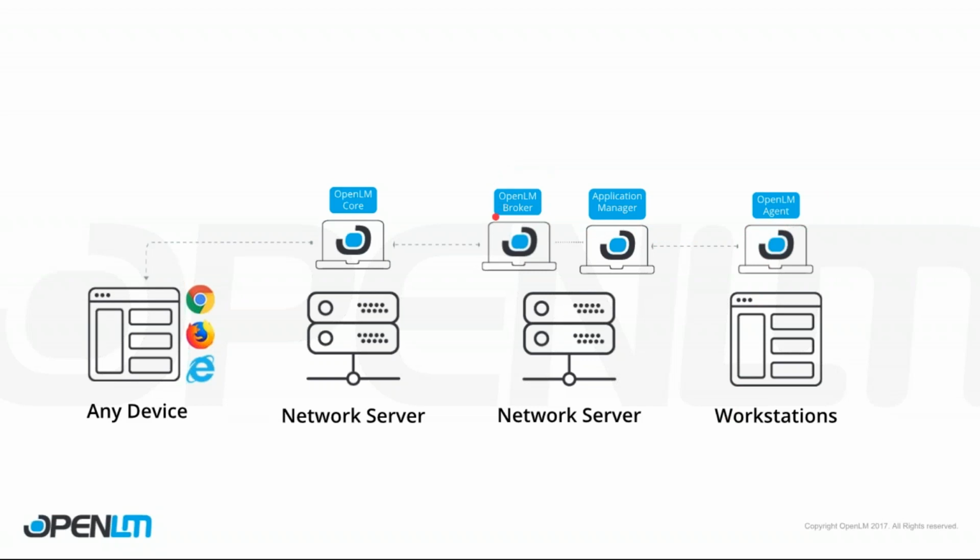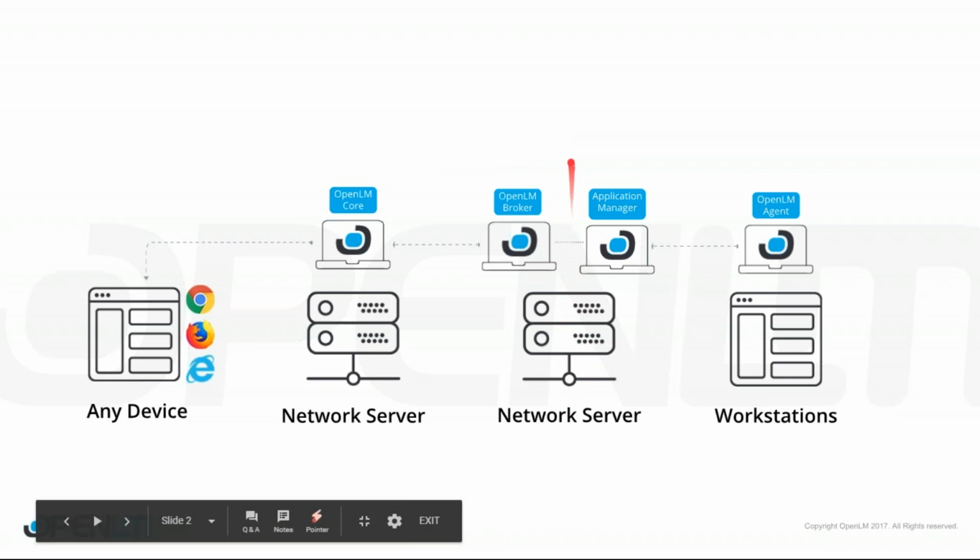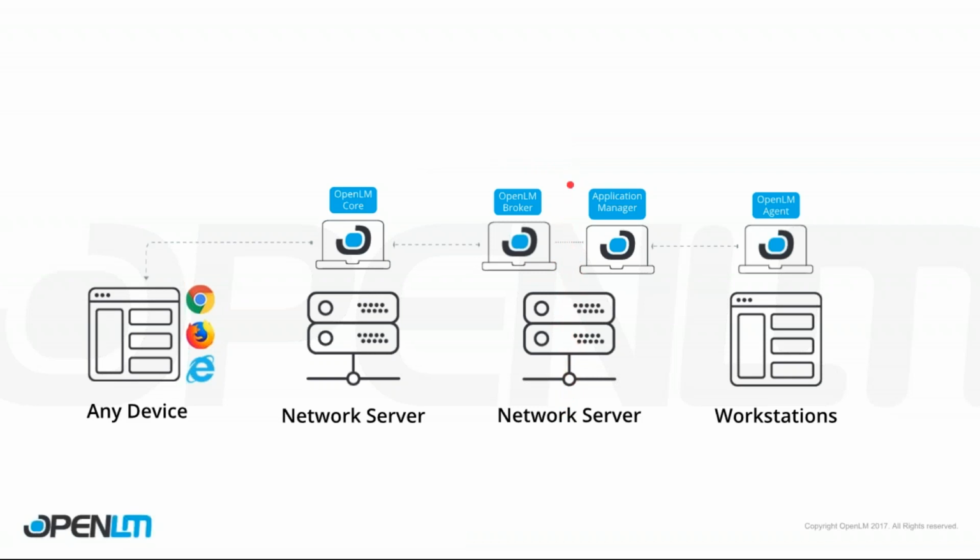And the broker, as it is, just sends all of the information to the OpenLM core. So the broker is acting like the Applications Manager is a license manager, but it's not. So first thing that we want to do, we'll want to install the Applications Manager and an OpenLM Broker there.